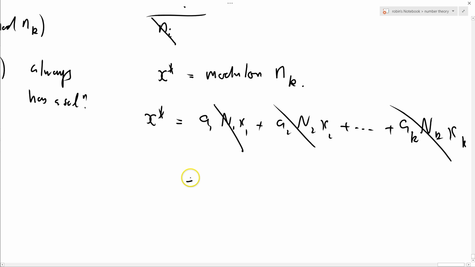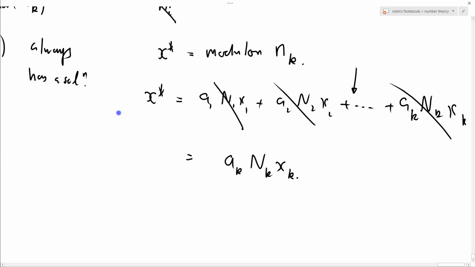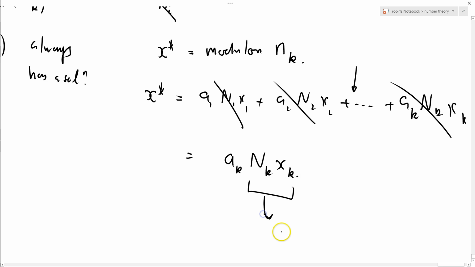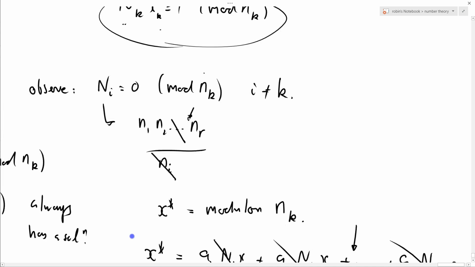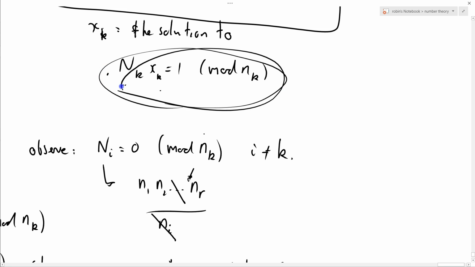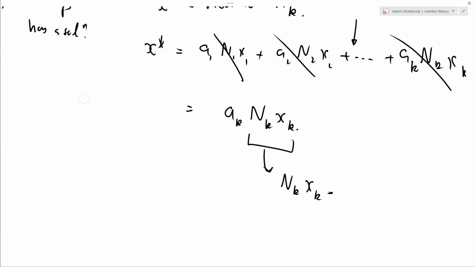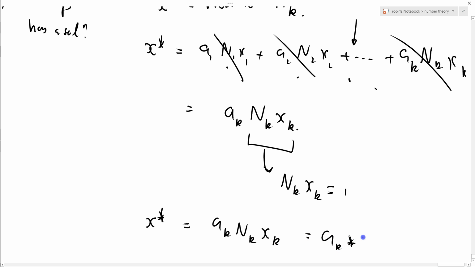They're all zeros except for one of them, which is down in here, which is ak Nk xk. And we know by definition that Nk xk equals 1 from here, because it's by construction. So x star equals a whole bunch of zeros plus ak Nk xk, which equals ak times 1 equals ak.